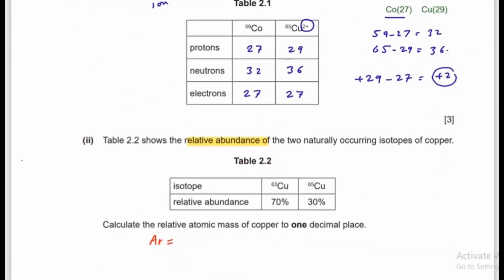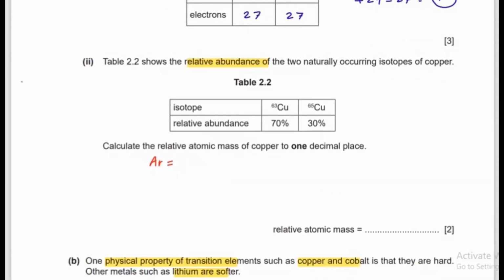Then this is the question regarding relative atomic mass. Copper has 2 isotopes and their relative abundance and the mass numbers are given. So if we want to calculate the relative atomic mass, the formula I use is the sum of mass times abundance of the isotopes over total abundance.